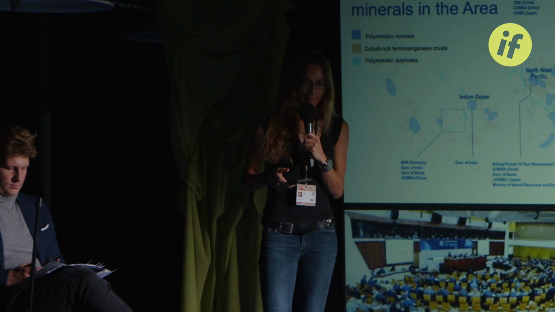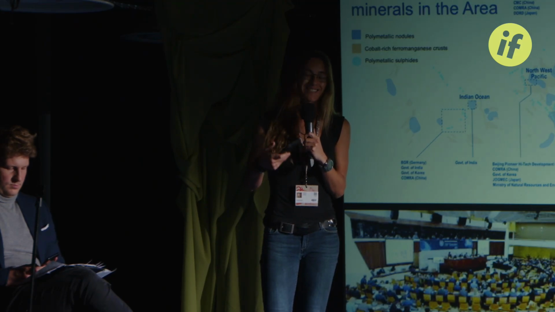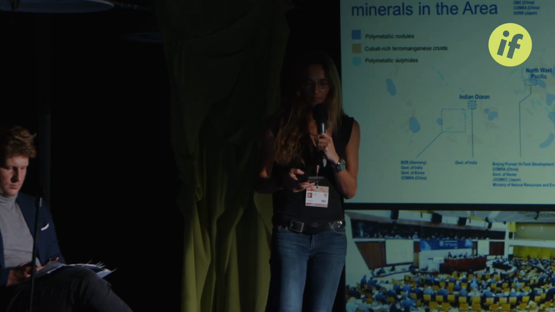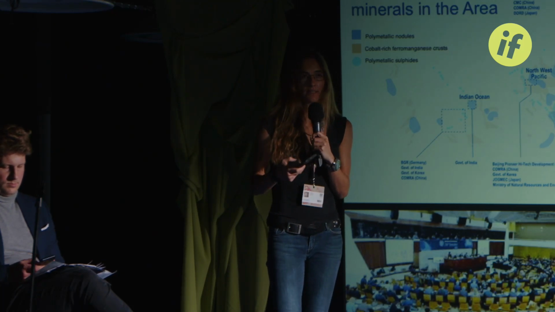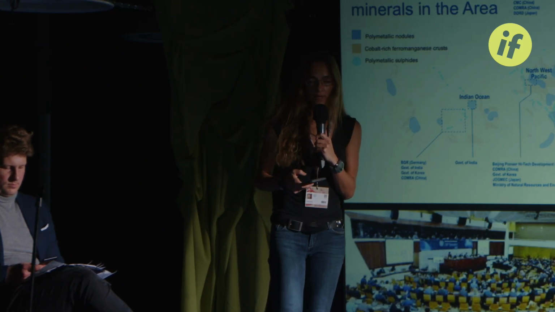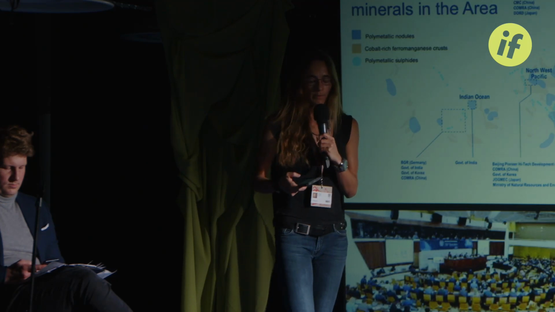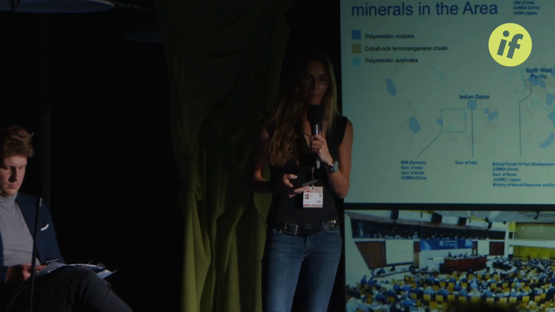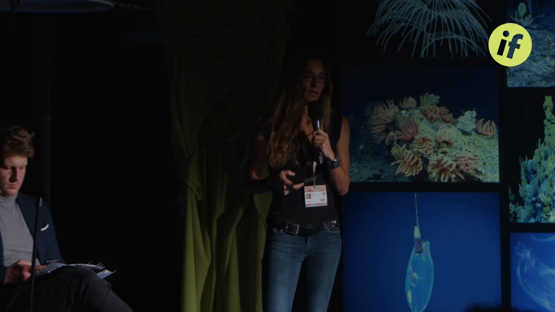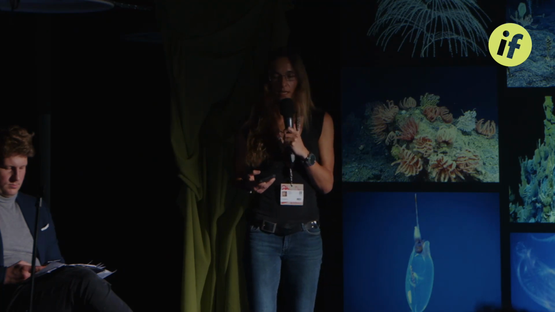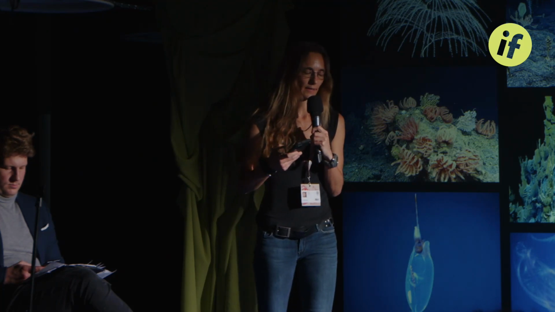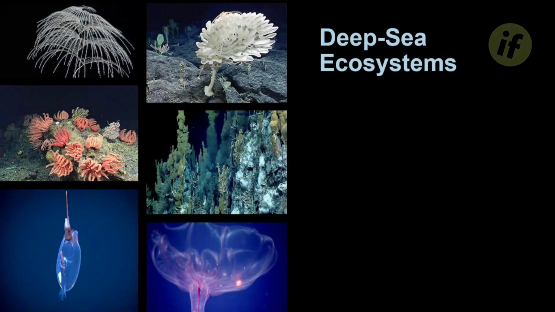And so what is needed to ensure protection of the marine environment? We will need tools like marine protected areas, environmental impact assessments and environmental management plans for the areas that are in play.